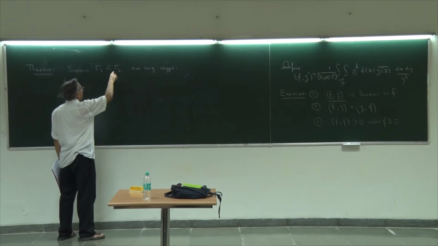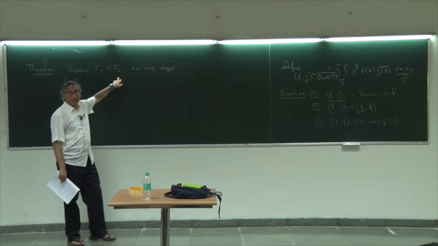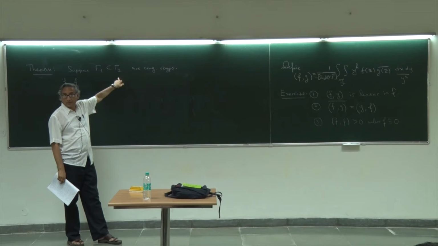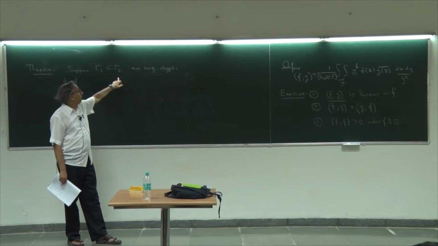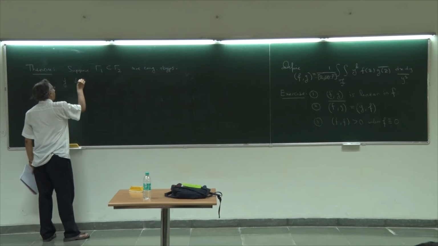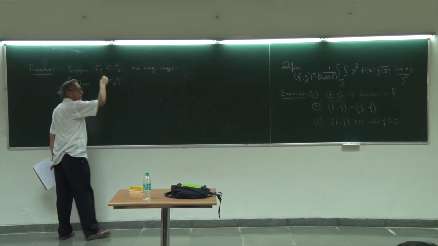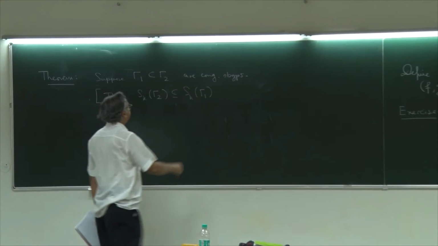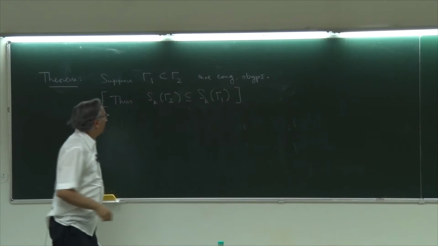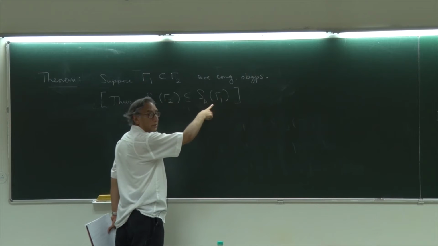For a modular form to be a cusp form on gamma 2, the bigger group, we're asking for f of (az+b)/(cz+d) to satisfy that condition for more elements. Therefore, let me make a remark here: S_k of gamma 2 is contained in S_k of gamma 1. So it's an order reversing map. And therefore, if I have a modular form here, I can also consider it as a modular form here.